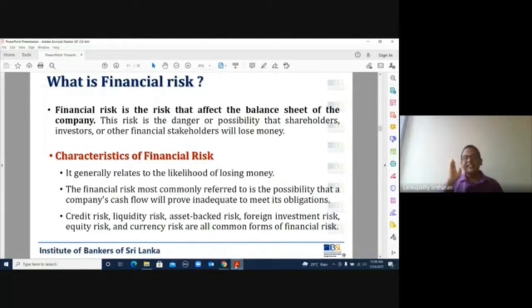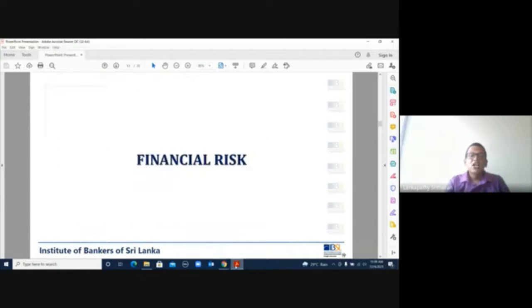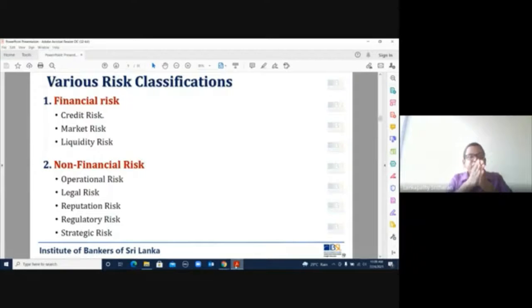Financial risk is the risk that affects the balance sheet of the company directly. The risk is the danger or possibility that shareholders, investors, or other financial stakeholders will lose money. Okay, there are 2 categories of risk: the first one is financial risk, the second one is non-financial risk.